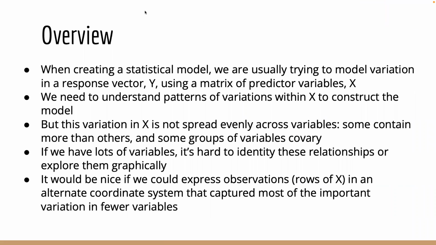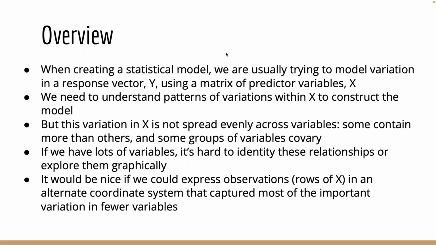So usually when we take a data set and want to do some kind of analysis on it, we're interested in explaining some kind of variation. But the problem is the variation in the data matrix is spread unevenly across the variables. Some have much more than others, and often they co-vary in combinations and unpredictable patterns.